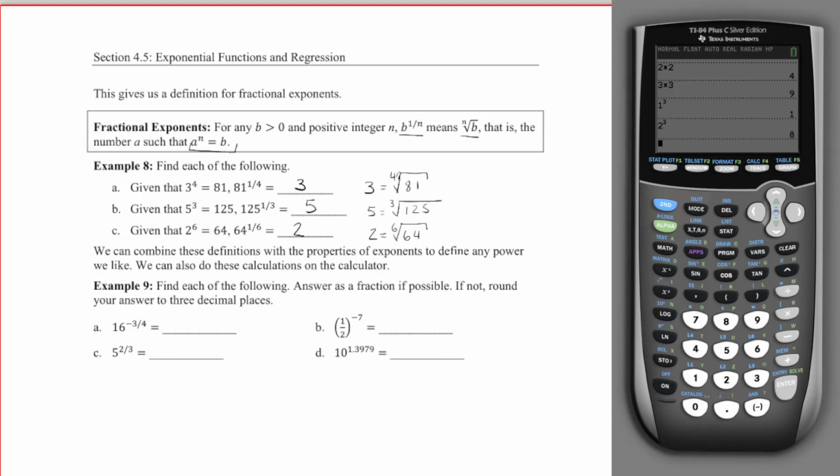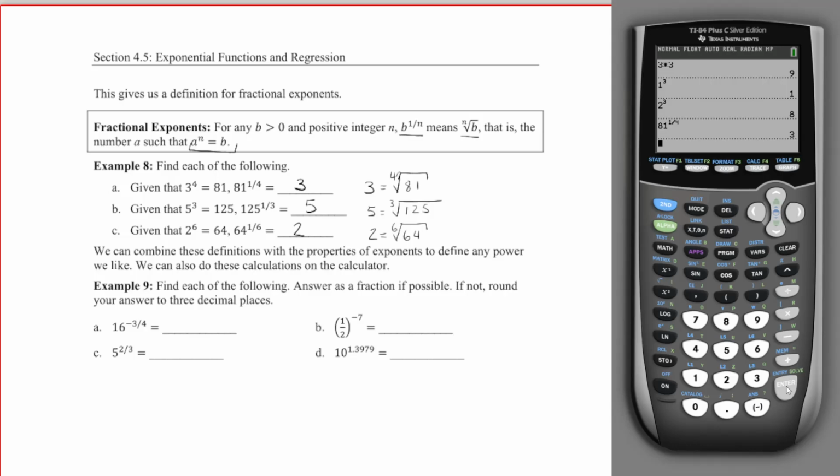And again, the calculator works just fine for these fractional exponents. We say 81 to the power 1/4. We get 3. If your calculator is not set up to make pretty exponents, you'll need to put that fraction in parentheses. So make sure that you try this.